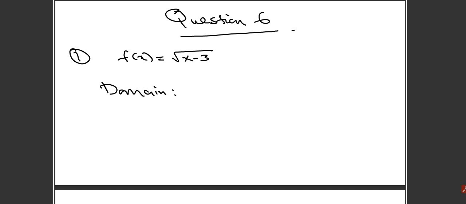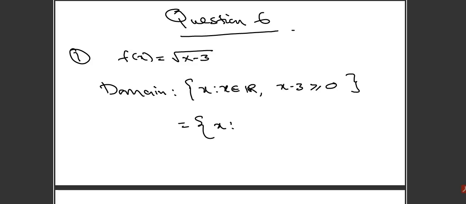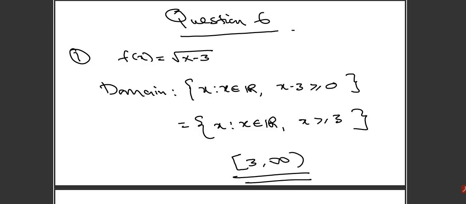So the domain is x such that x is any real number, provided that real number makes x minus 3 greater than or equal to 0. This can now be simplified. x is such that it's a real number, x is greater than or equal to 3. Some people will just say this is just from 3 to positive infinity. That's the domain.